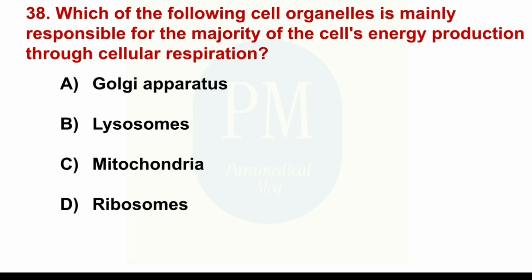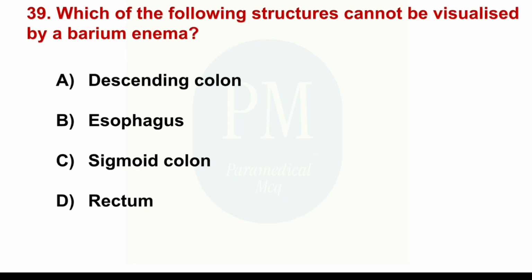Which of the following cell organelles is mainly responsible for the majority of the cell's energy production through cellular respiration? Option A, Golgi apparatus. Option B, lysosome. Option C, mitochondria. Option D, ribosome. The correct option is option C, mitochondria. Which of the following structures cannot be visualized by a barium enema? Option A, descending colon. Option B, esophagus.